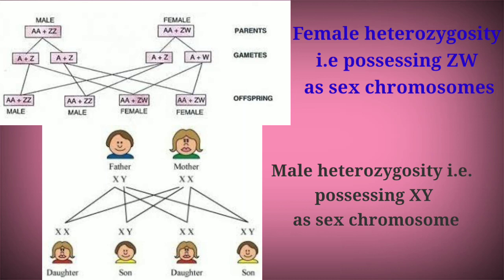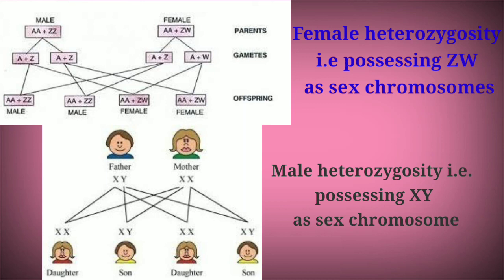But in organisms such as birds, amphibians, reptiles, and some fishes, the females bear this heterozygous nature. So here the females show female heterozygosity, where they bear two different types of gametes, and two different types of sex chromosome in the zygote or in the individual as a whole.